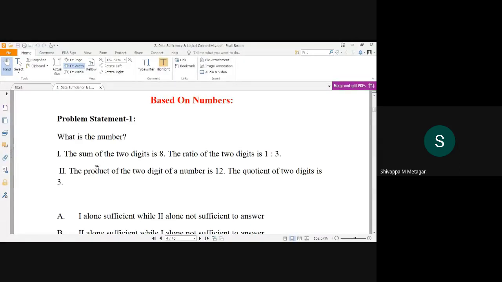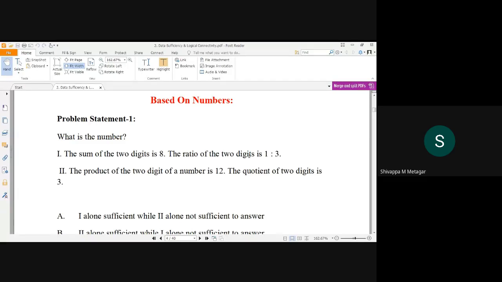Now calculate what they have given in the first statement. The sum of the 2 digits is 8. You can consider any 2 digits, x and y. The sum is x plus y equals 8.